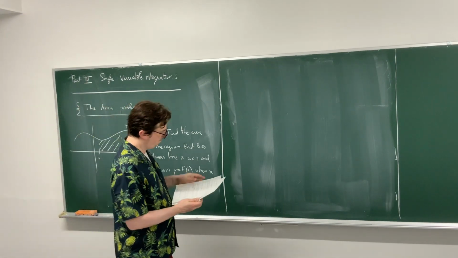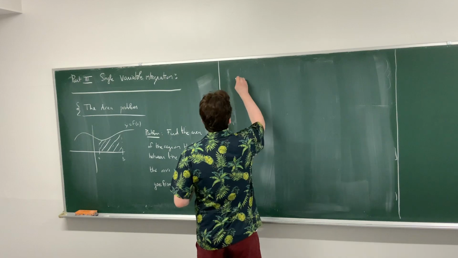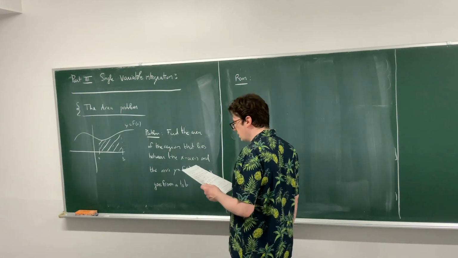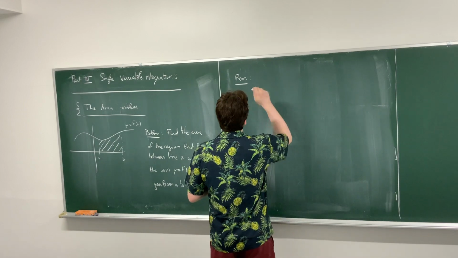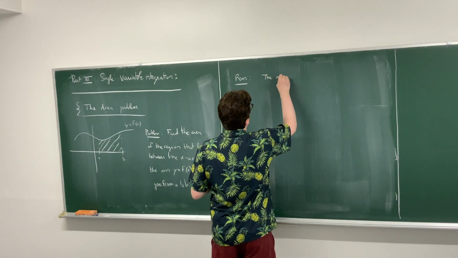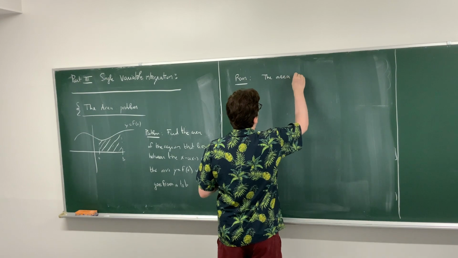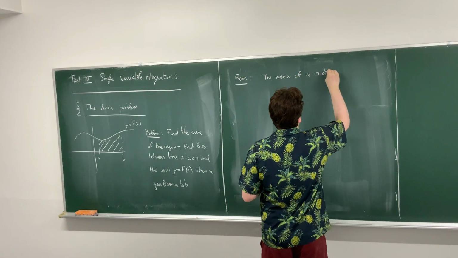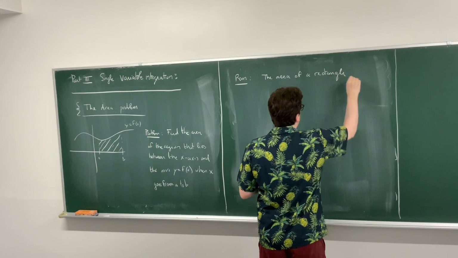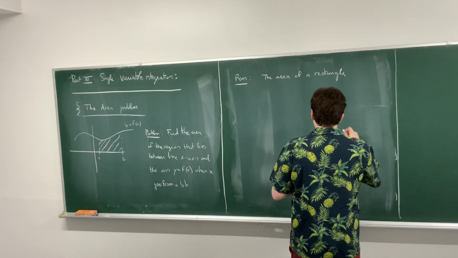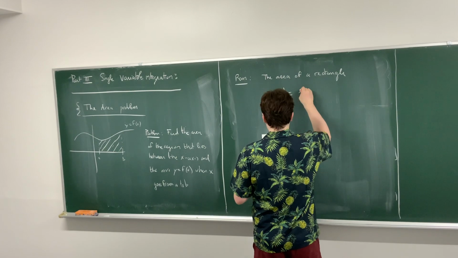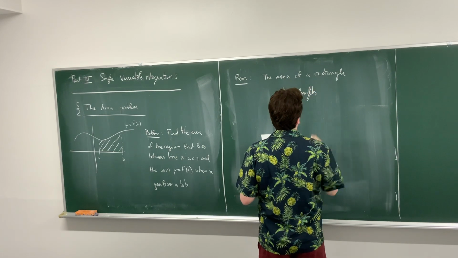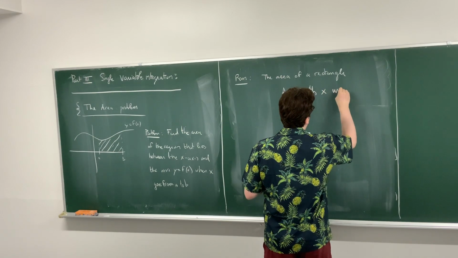So we would like to calculate this area between the x-axis and the curve. Now, a remark, the first good remark that we can have about this: we know what is the area of a rectangle. Okay? The area of a rectangle is basically, if you remember, the length of this rectangle times the width.